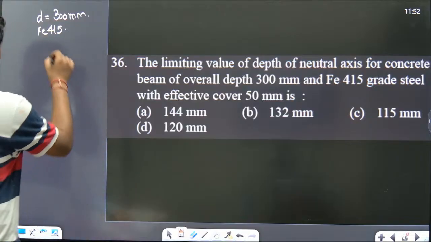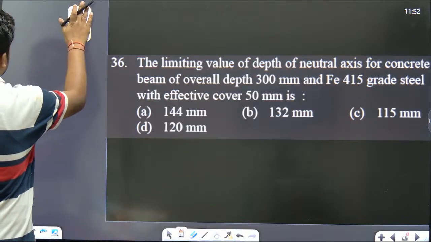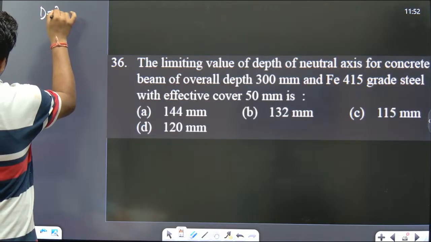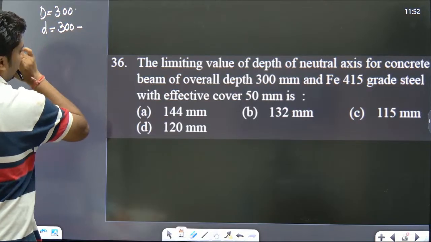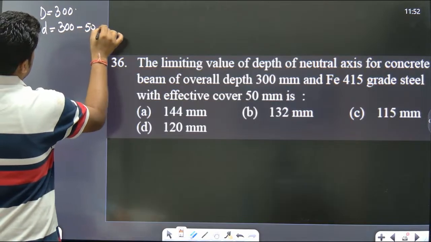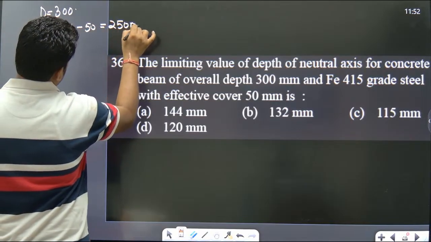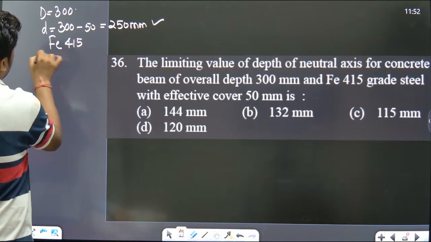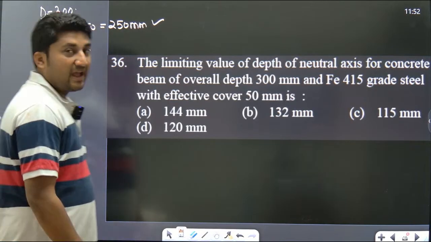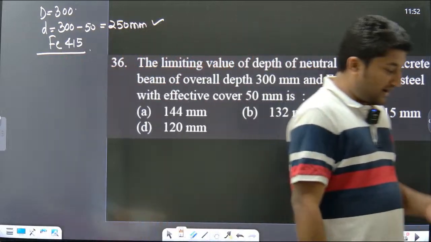Effective cover is 50 mm. So capital D is 300 mm. In order to get the effective depth, we will do 300 minus the effective cover of 50 mm. So the effective depth is 250 mm. This is given in the question, and you are also given the grade of the steel, Fe415. From this data you need to find out the answer.